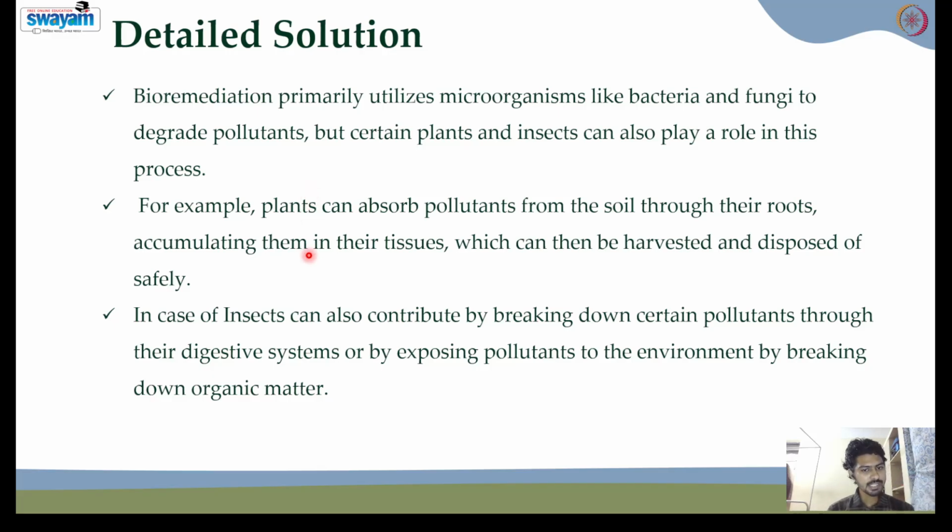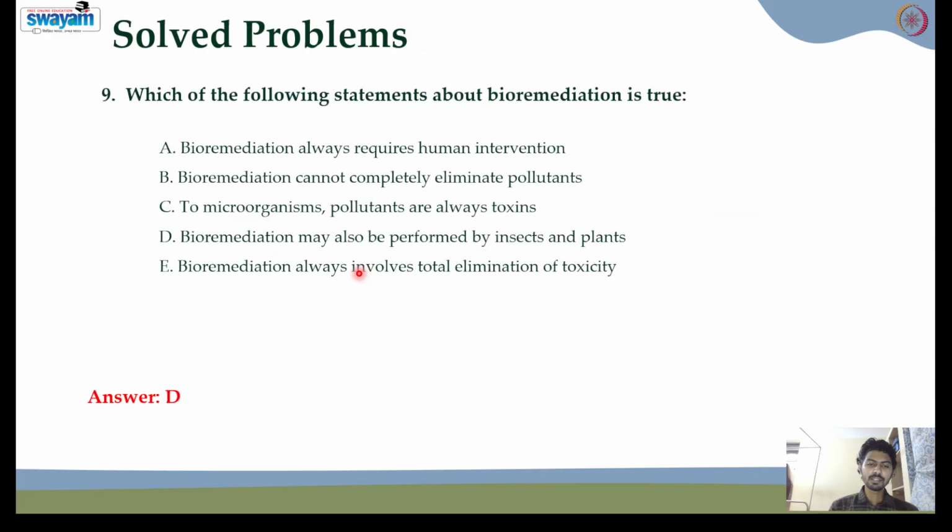Whereas insects contribute by breaking down certain pollutants by secreting enzymes in their digestive system, or by exposing the pollutant to the environment by breaking down the organic matter. That's why bioremediation is performed not only by microorganisms, it also extends to insects and plants.